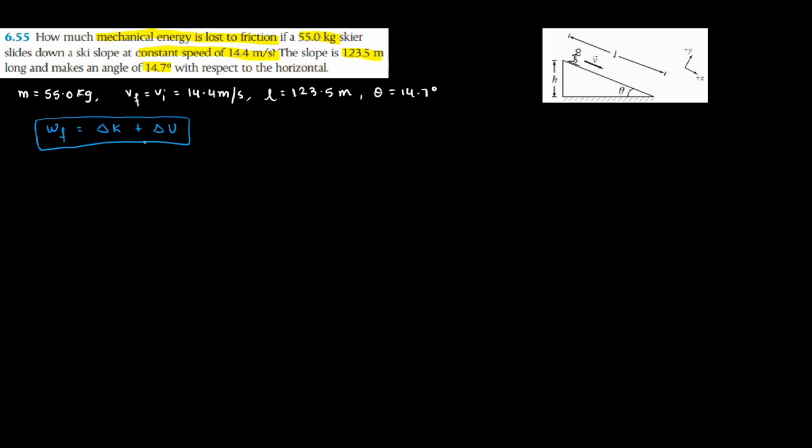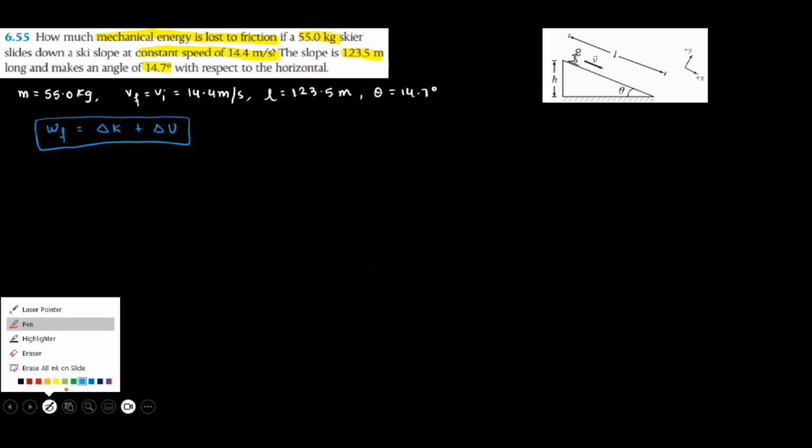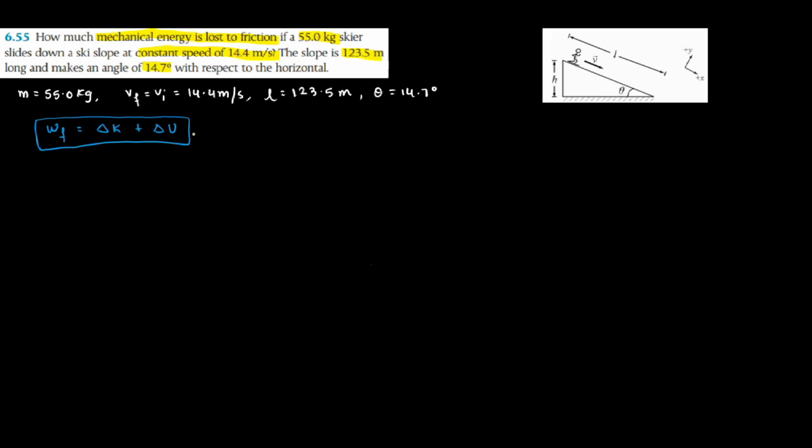So if I can find the individual values, change in kinetic plus change in potential energy, I can find out how much total mechanical energy is lost to friction. So let's start with change in kinetic energy. Let me call this equation 1.